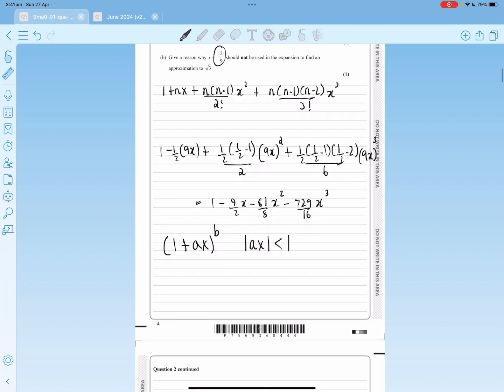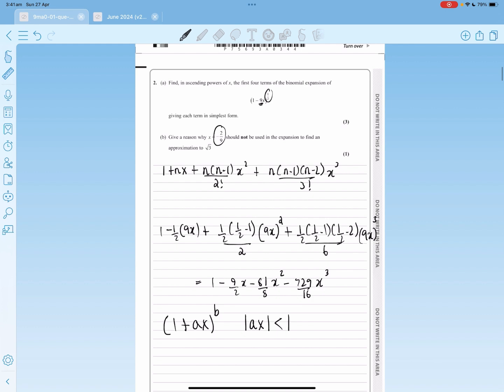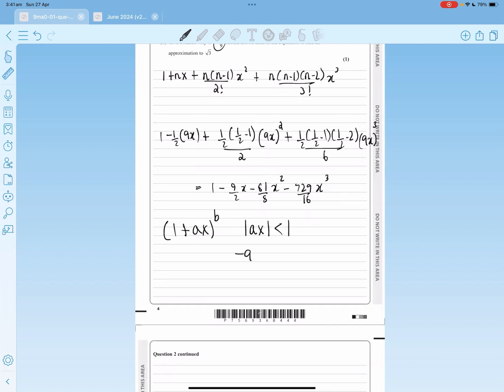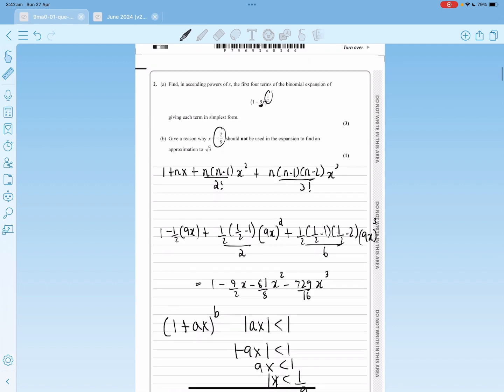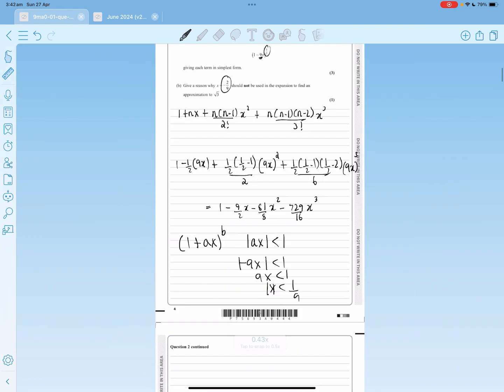So in this example, we have minus 9x, the modulus of that less than 1. 9x is less than 1, so x would be less than 1 over 9. So the modulus of x is less than 1 over 9, and x equal to minus 2 over 9 does not fall in that range. So you just say modulus x less than 1 over 9, 2 over 9 not in range.